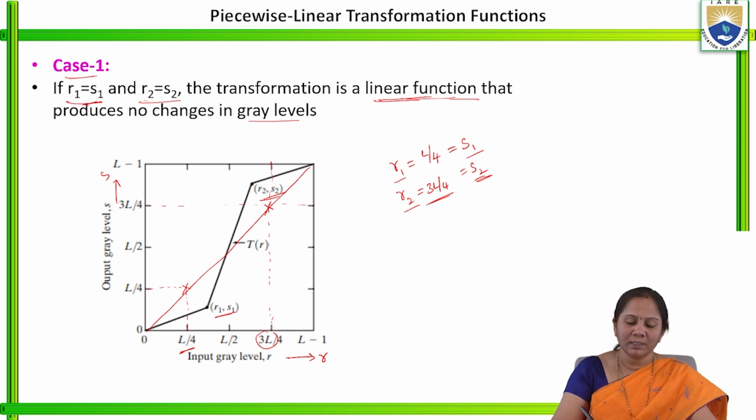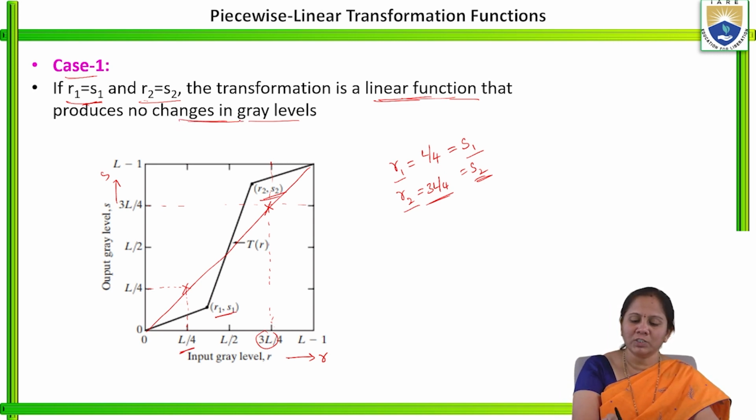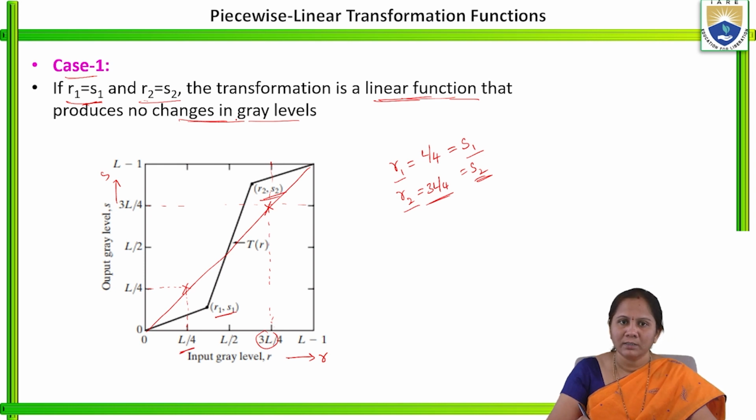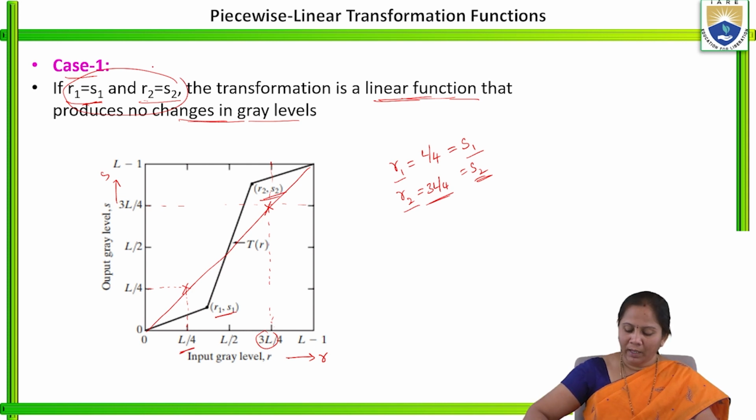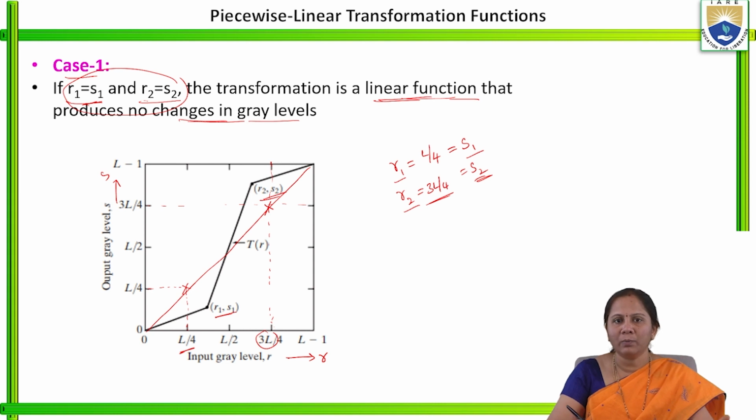In this case there will not be any change in the gray levels. That means the pixel intensity values will not be changed; they will remain as they are. So this is one case. As we have discussed, if the values of R1, S1 and R2, S2 change, we can observe a change in the curve which shows the intensity values of pixels.